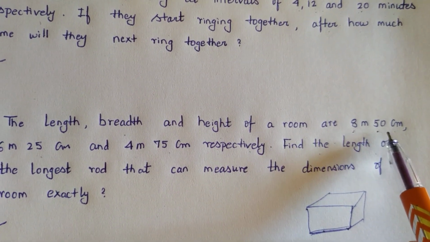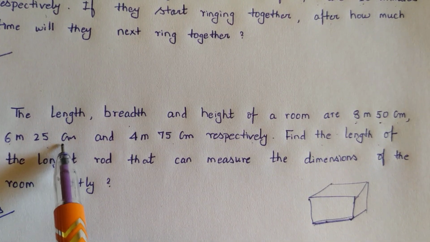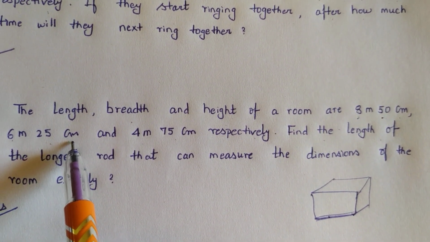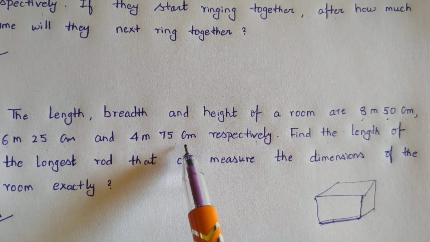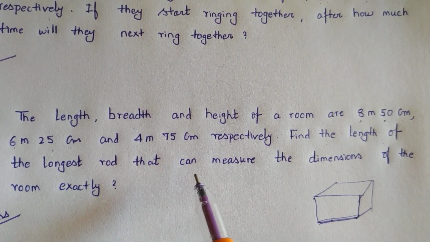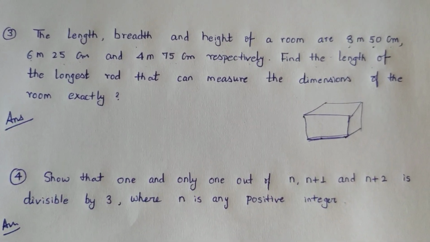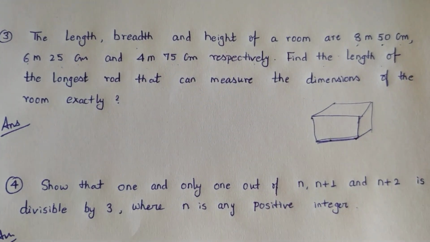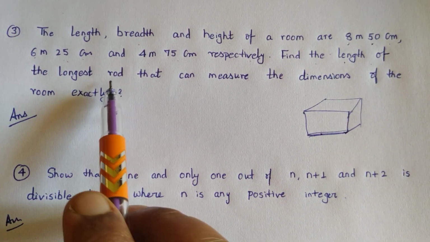It will be equal to 850 centimeter. 6 meter 25 centimeter is equal to 625 centimeter, and 4 meter 75 centimeter is equal to 475 centimeter. After converting them into centimeter, find their HCF. That will be the required length of the rod.